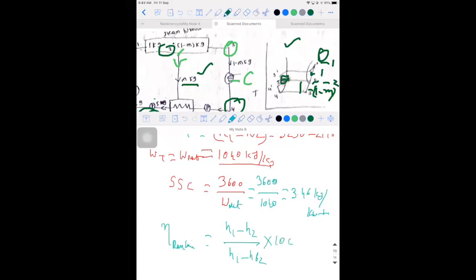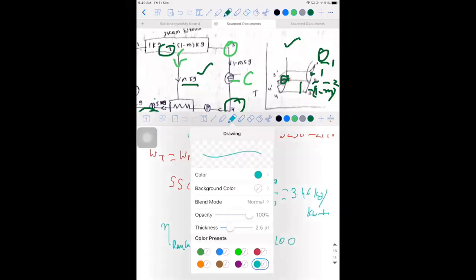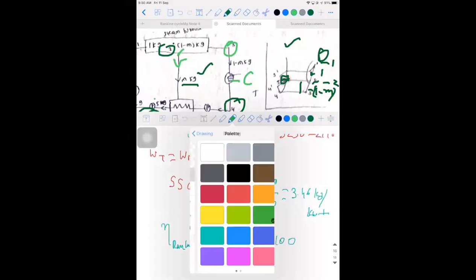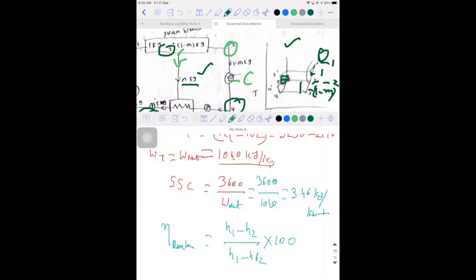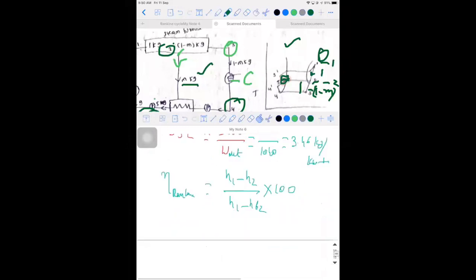And we'll go with this one. Substitution.